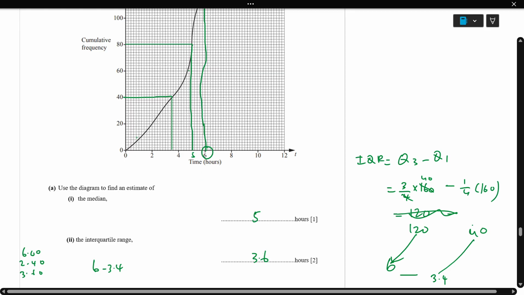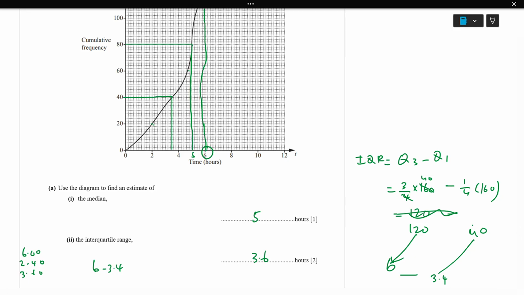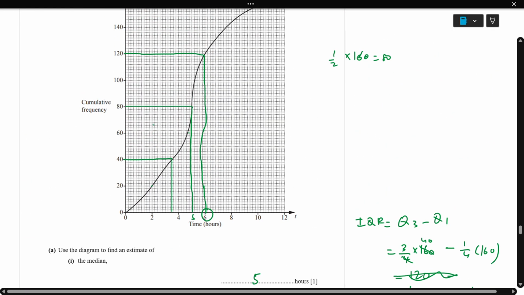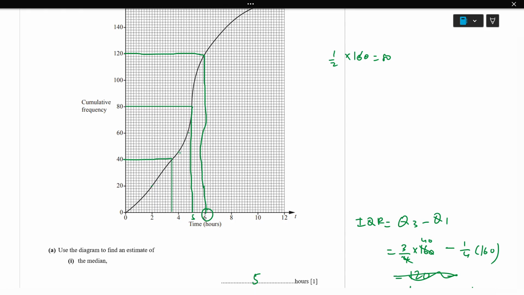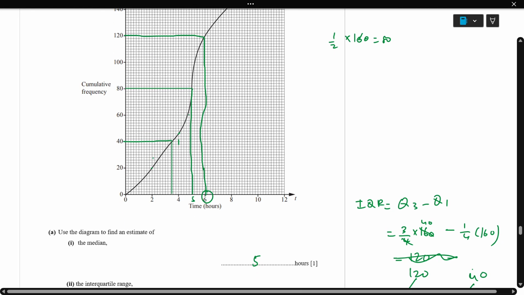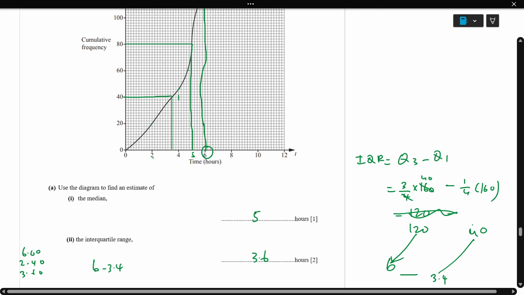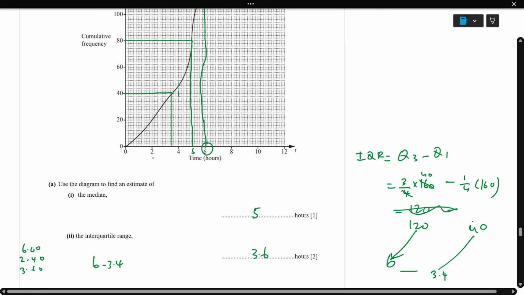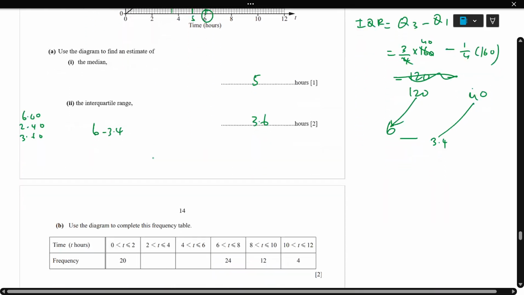Yeah, 0 to 2 is 20. Next, 2 to 4, just check 4. Each one is 2, 4, 6, 8, 10, yeah, each one is 2. So when we go for 4, that is 46.